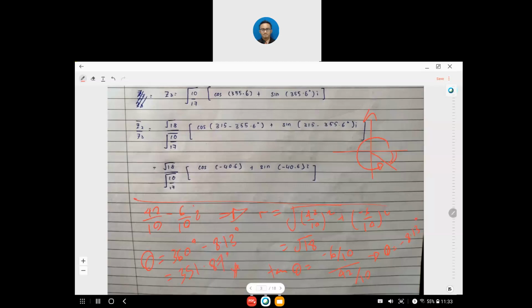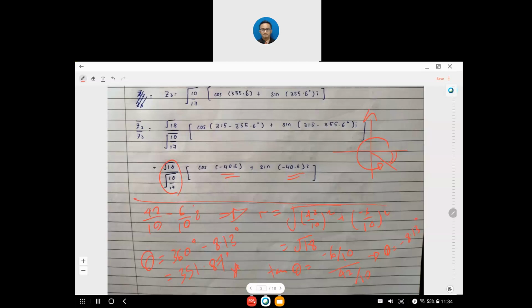So that is the answer for theta. That's why it is very important for you to identify the value of r, which quadrant, and then put in the solution. Any problems? Do you understand or not?